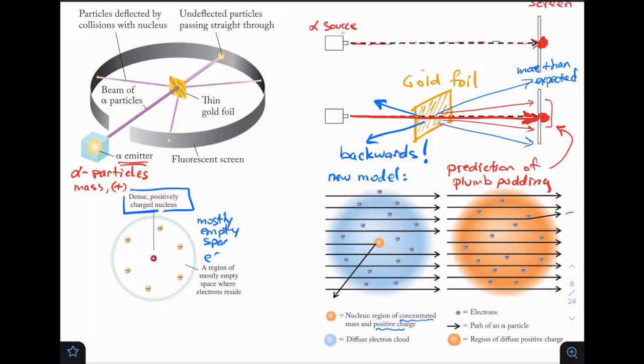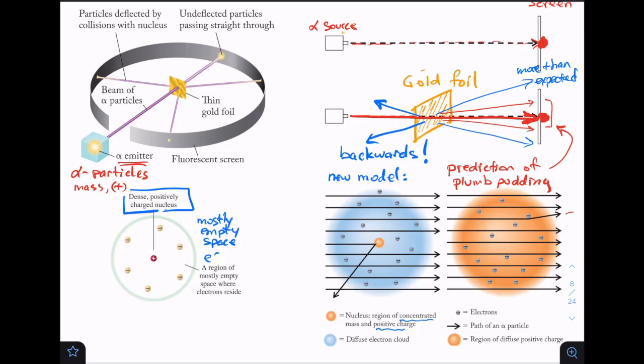And if you recall from the video, the volume of the atom, most of it's taken up by the electron, but the electron has almost none of the mass. Almost all of the mass of an atom is coming from the nucleus, but with this model, the nucleus is almost none of the volume.